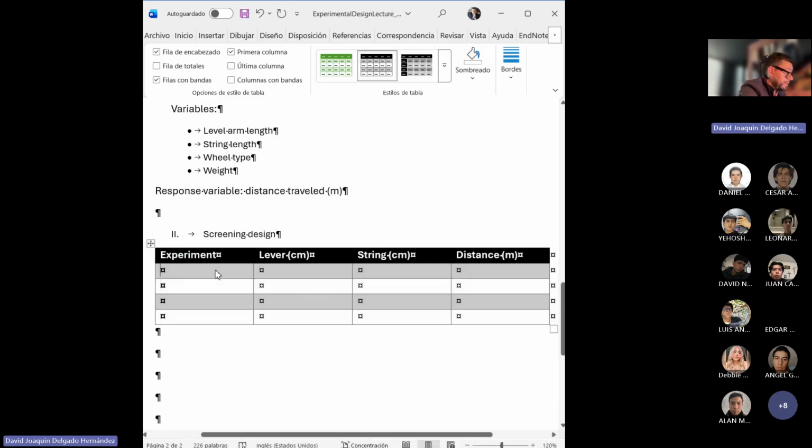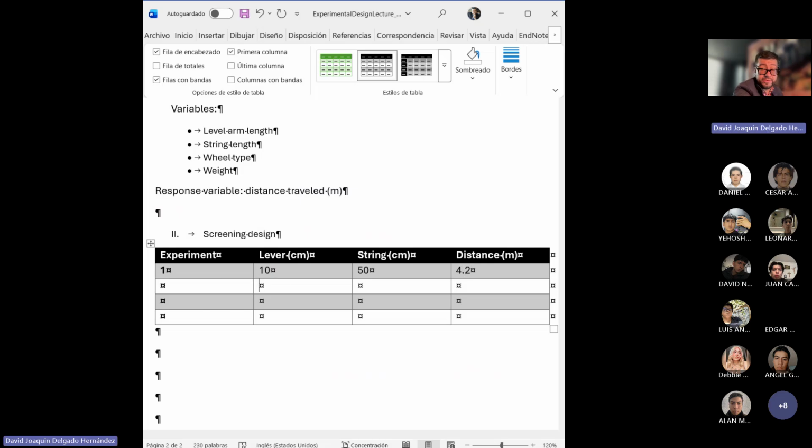In the first experiment, imagine that you have a lever arm length of 10 centimeters, and the string has 50 centimeters. And when you run the car, it goes 4.2 meters.